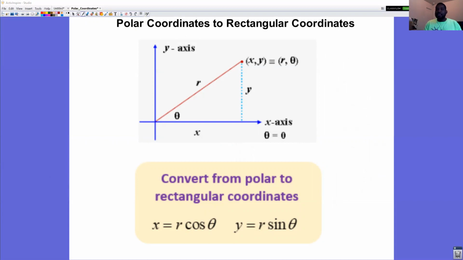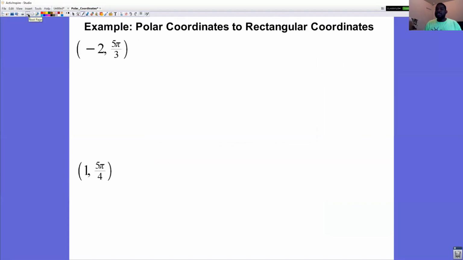Now you're going to be asked to convert polar coordinates to rectangular coordinates, so it's very important that you remember your values from the unit circle. Let's start with (-2, 5 pi over 3). We need to write the rectangular coordinates for this.